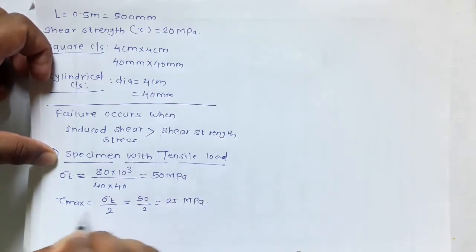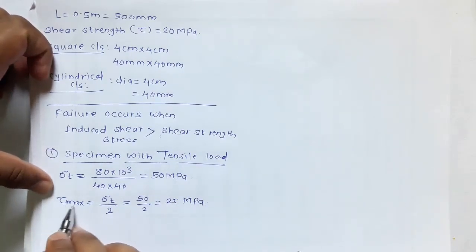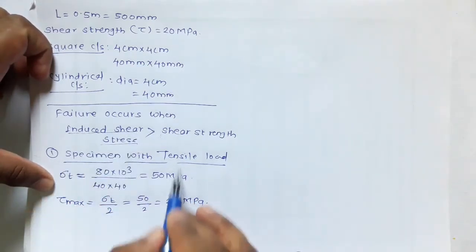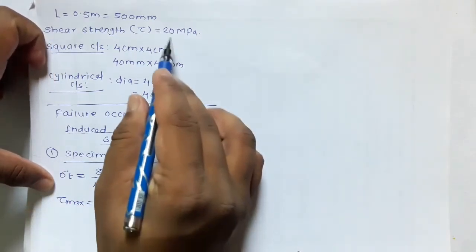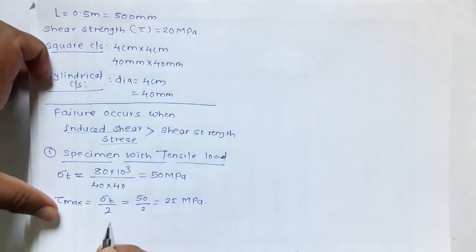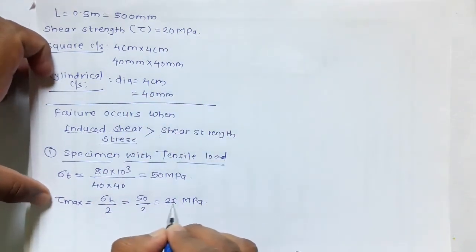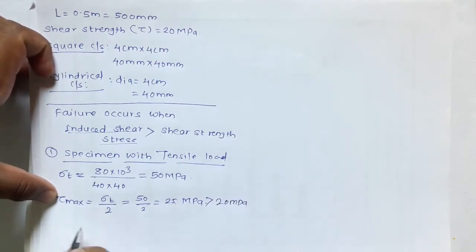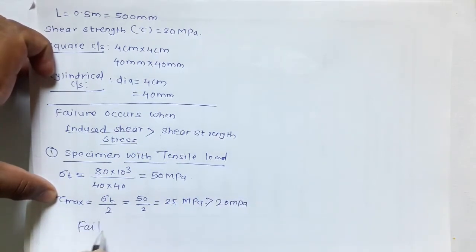So this is the magnitude of induced maximum shear stress, and this induced shear stress magnitude is 25 and shear strength is 20 megapascal. So that means we can say that this induced tau max is greater than shear strength 20 megapascal. Therefore, this specimen will fail.